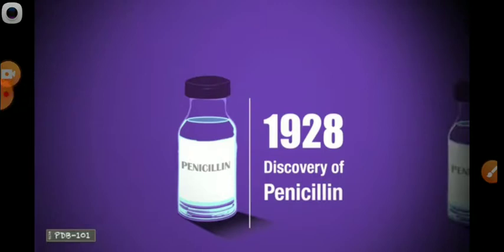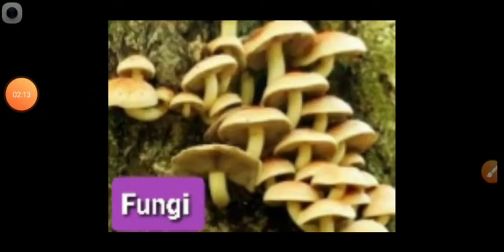So this way some pictures you have seen regarding the penicillin. See the structure of the fungi, children. This way the structure of the fungi is there. Now I'll start with the explanation. Then you will understand better about this microorganism.